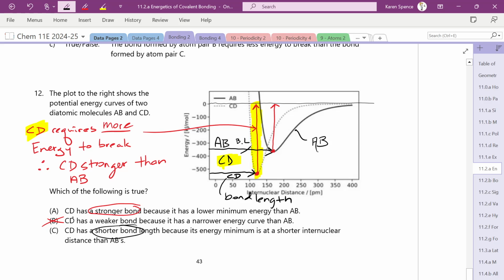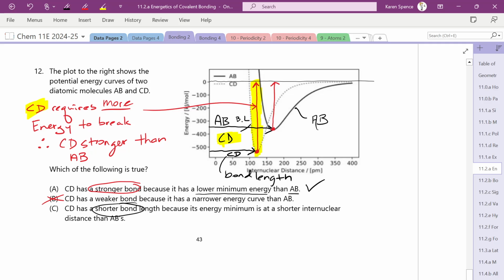And is it true that CD has a stronger bond because it has a lower minimum energy than AB? Is that true? I think so. Sounds true to me. Lower minimum energy, stronger bond.